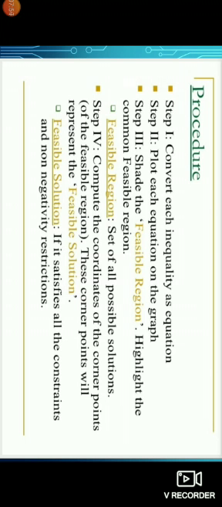The major steps in the solution of a linear programming problem by the graphical method are summarized as below. First step: convert each inequality into an equation, that means your constraints are in equality form.